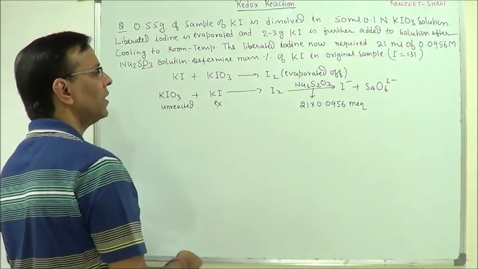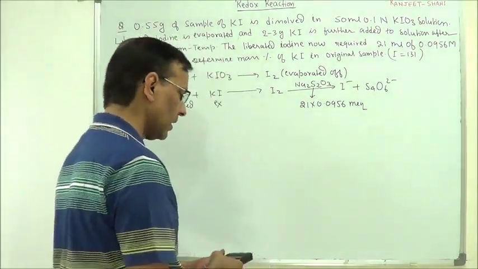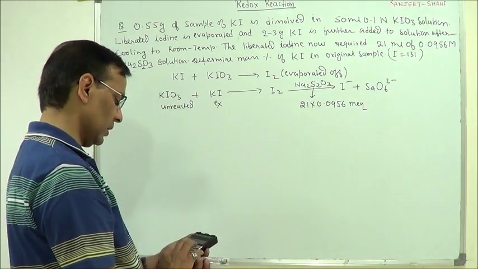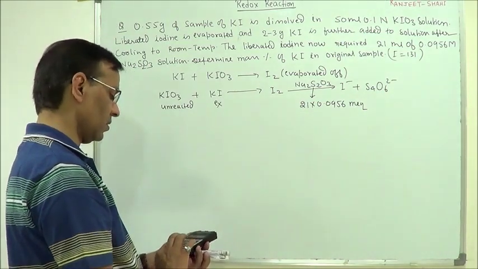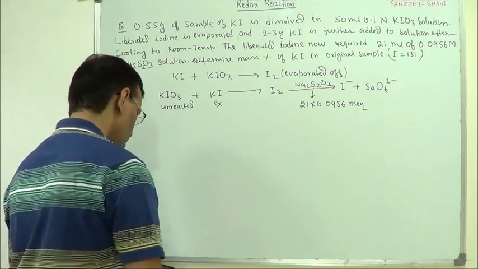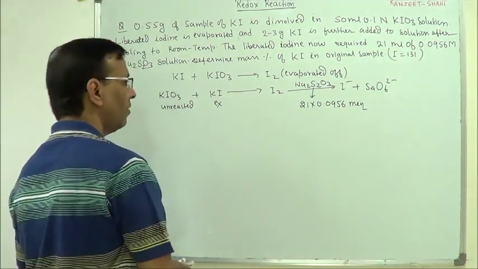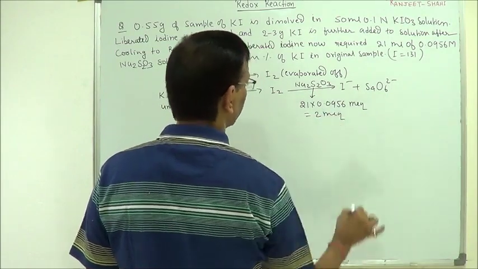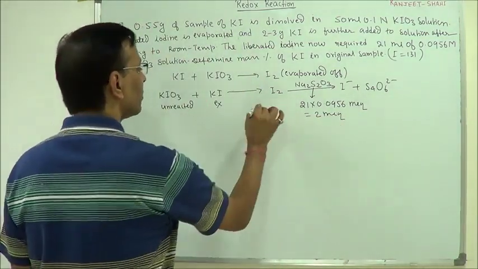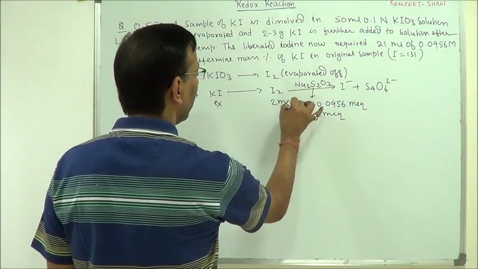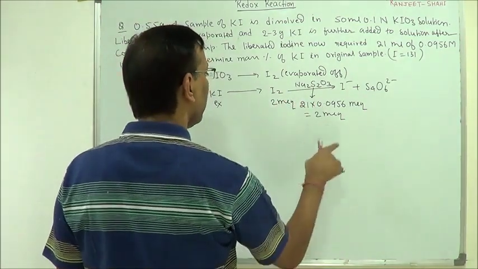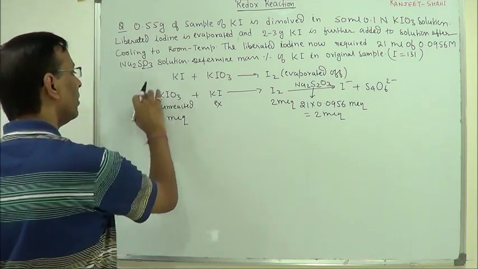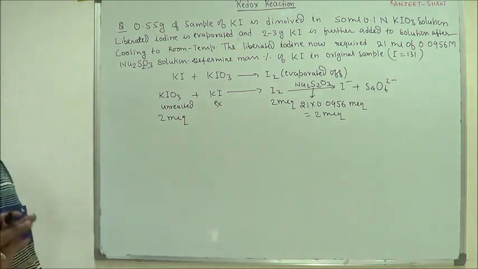If we solve this, it comes out to be 21 into 0.0956, so it is 2 milliequivalent, which will react with 2 milliequivalent of iodine, indicating that 2 milliequivalent of KIO3 was left unreacted.